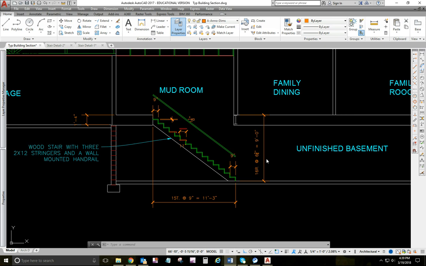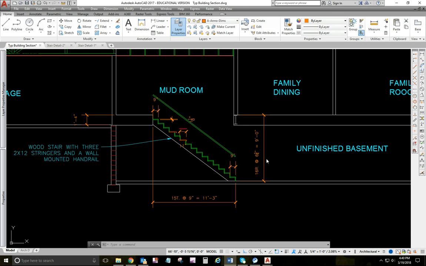Now, rule number 4 states that the sum of one riser and one tread should be somewhere between 17 and 18 inches. So what we do is we take both 17 and 18 and subtract both of those possible riser heights from that. So I take 17 minus 7.2 inches gives me 9.8. 18 minus 7.2 gives me 10.8.